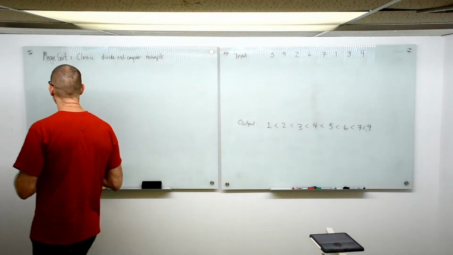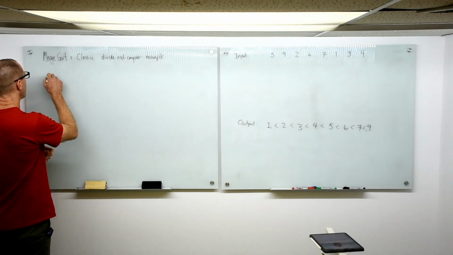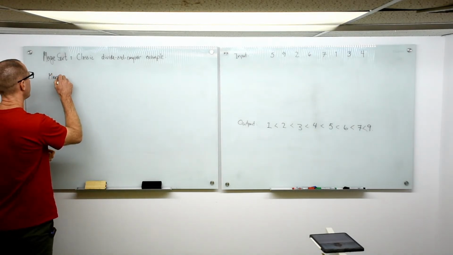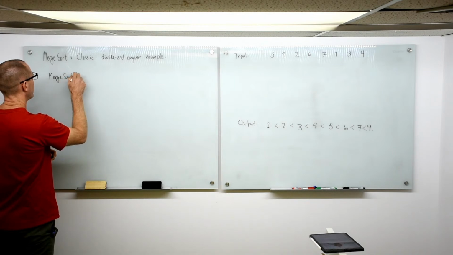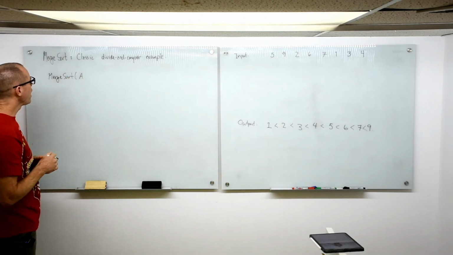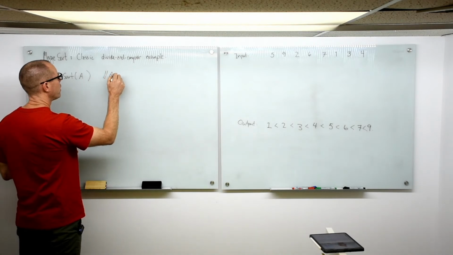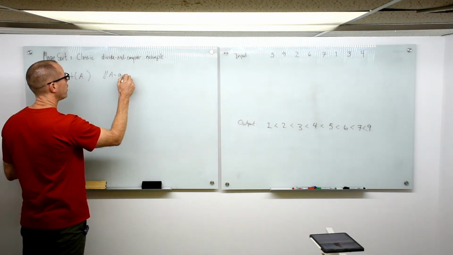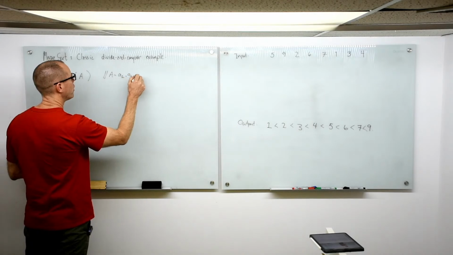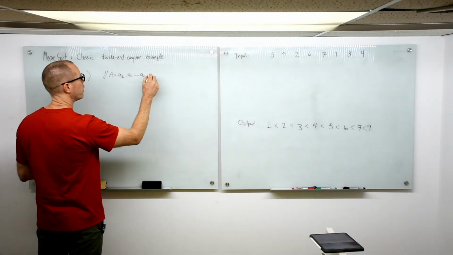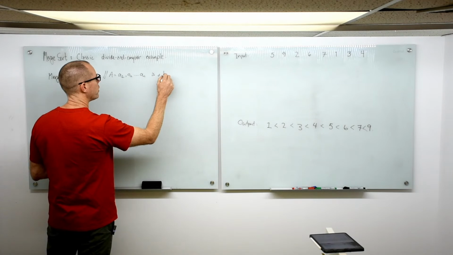So let's try and write some pseudocode for it. So merge sort. It takes a list A, and let's say A is A1, A2, up to AN, a list of integers to sort.